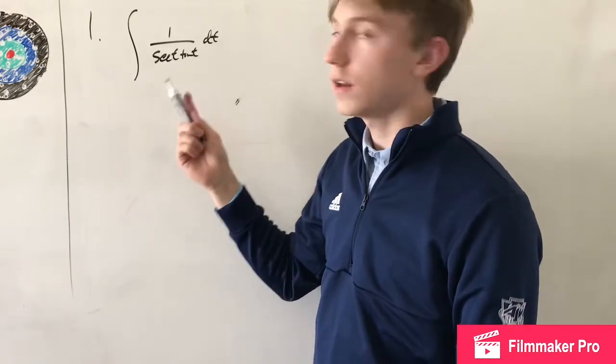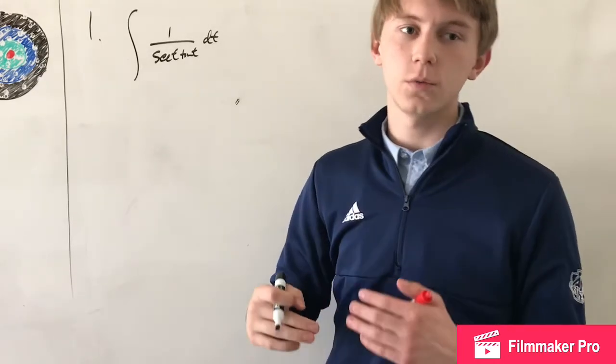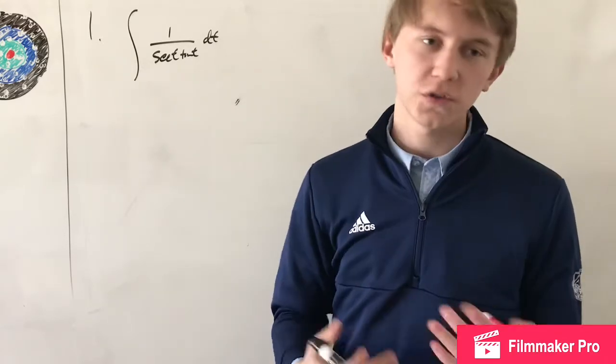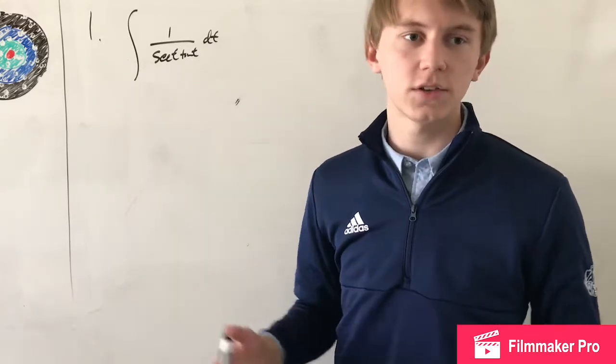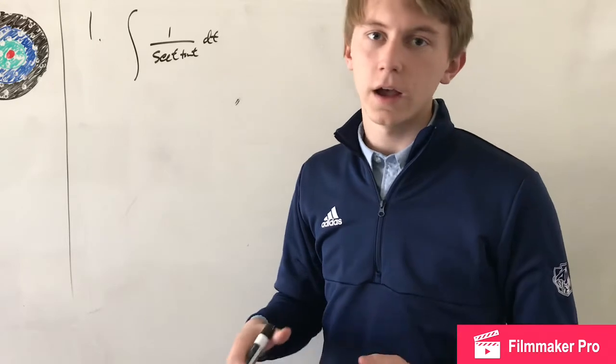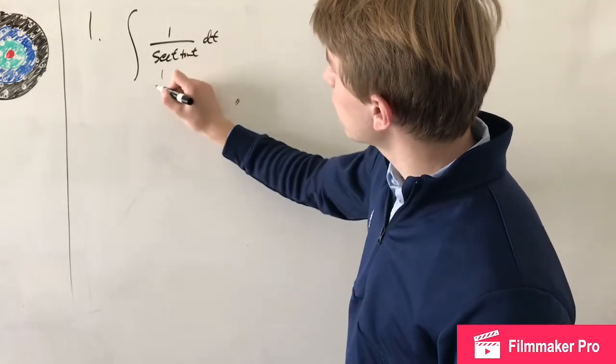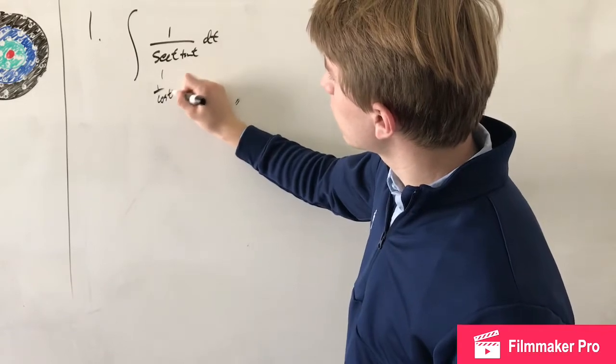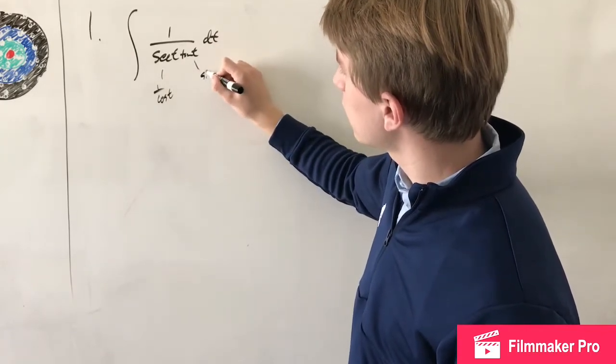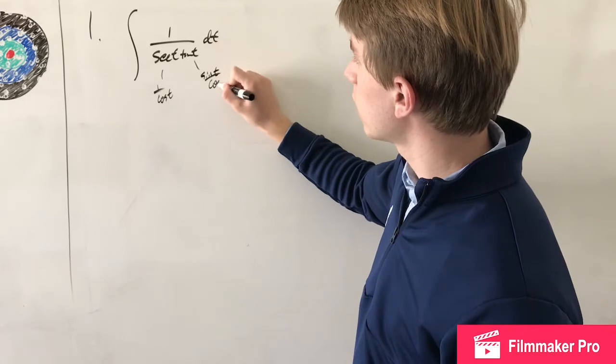So whenever I see something with secant or tangent or cosecant or anything, and I don't immediately see something I can do easily, I just break it down to sines and cosines. So we know that secant is 1 over cosine t, and tangent is sine t over cosine t.